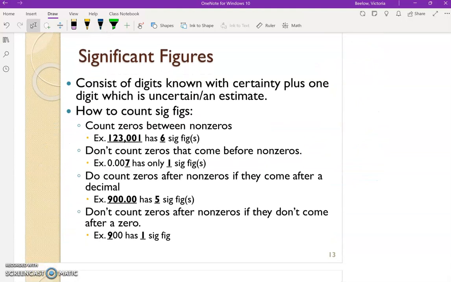Next, I'm going to talk about significant figures, or sometimes we call these sig figs. So these are the digits known with certainty plus or minus a digit with uncertainty. So it's how accurate are your measurements, like how accurate can you be, okay?